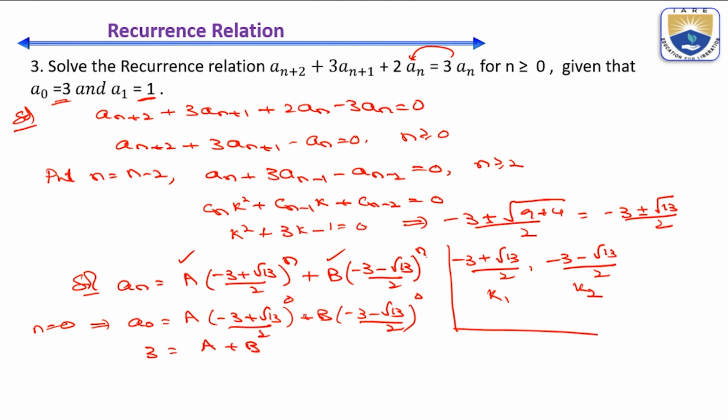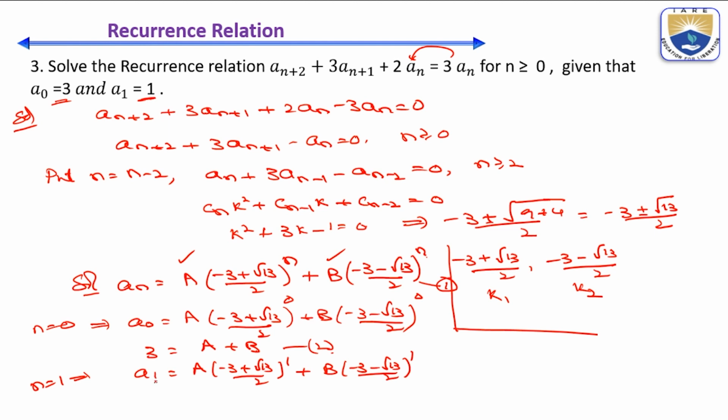Let us call this equation 1, and then I am going to call the next one equation 2. Once again, if I substitute n equal to 1, then I get a_1, which is a into (minus 3 plus root 13 by 2) to the power of 1 plus b into (minus 3 minus root 13 by 2) to the power of 1.